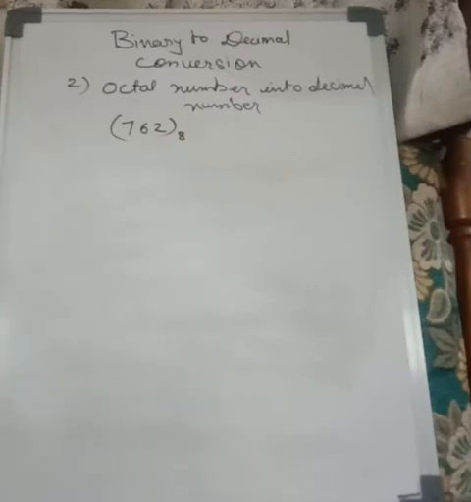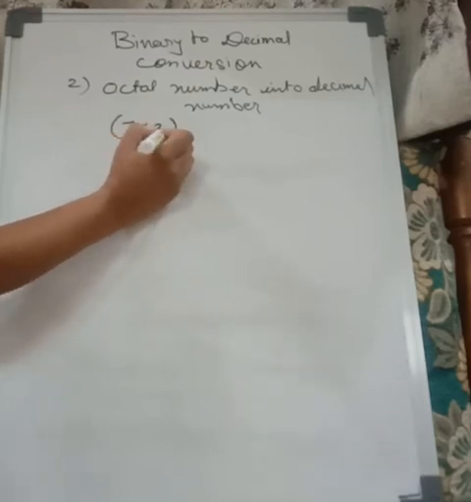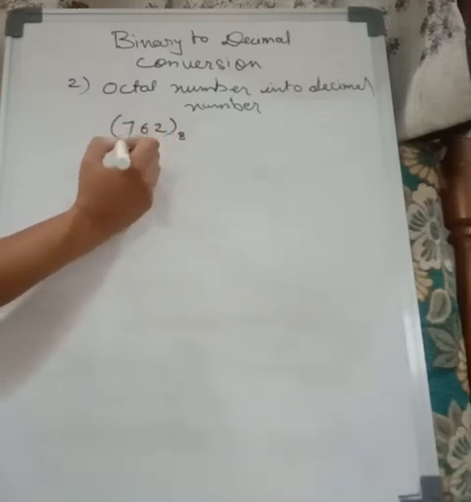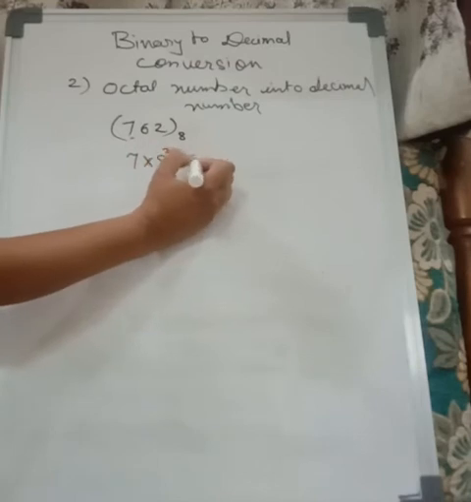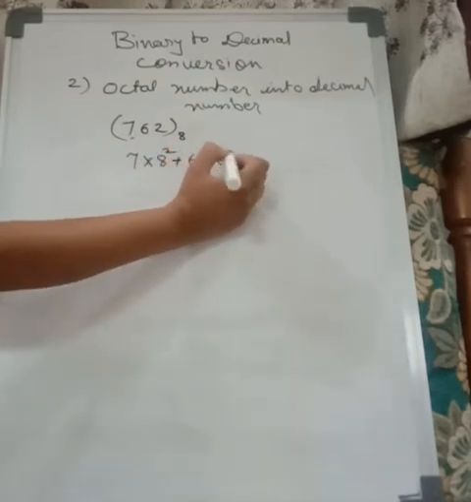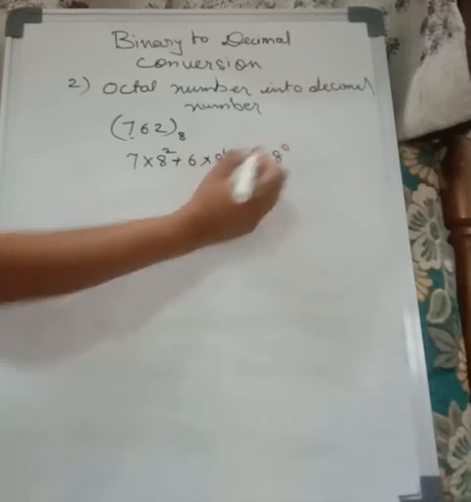As we have seen, in case of binary, we used 2 as the weighted number. So in the octal number system, we are going to use 8, and this can be written as, we have 3 digits, 1, 2, 3. This will be 8 to the power 0, 8 to the power 1, 8 to the power 2. So we will write 7 into 8 to the power 2 plus 6 into 8 to the power 1 plus 2 into 8 to the power 0.